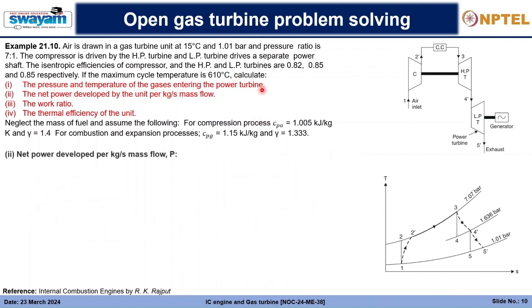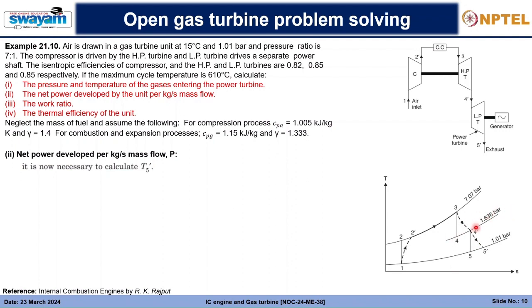Then the second part is the net power developed per kg per second mass flow. For that we have to calculate the net work output. So we have to now calculate T5 dash. Why do we need to calculate T5 dash? Because we have to calculate the work output, and nowhere is it given what the exhaust temperature is.